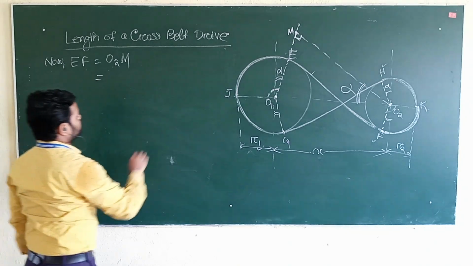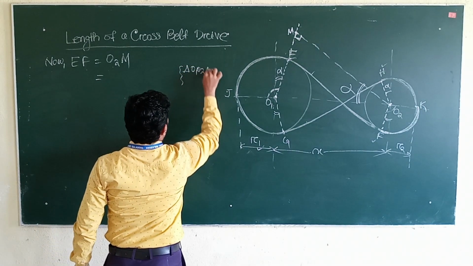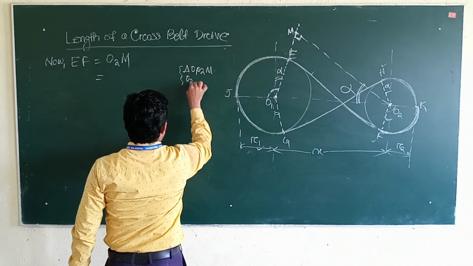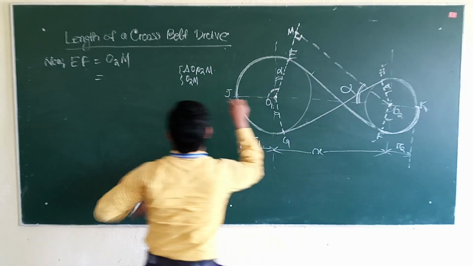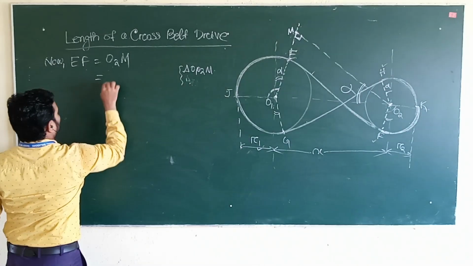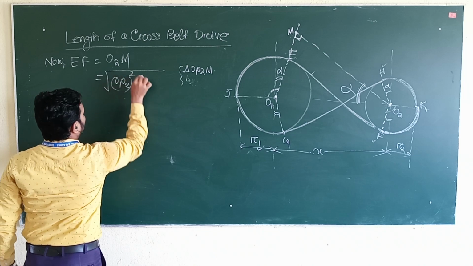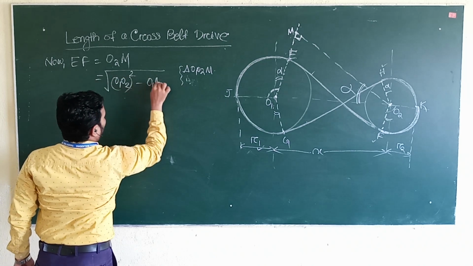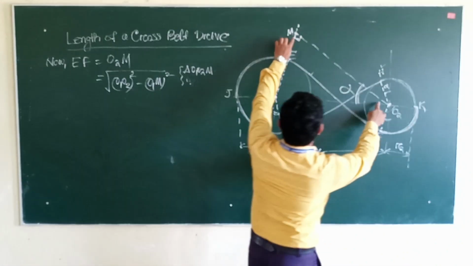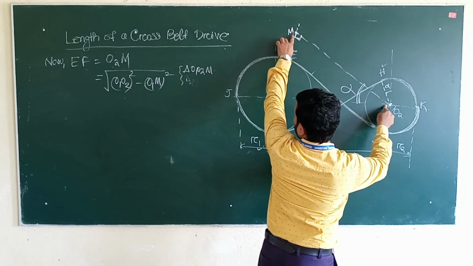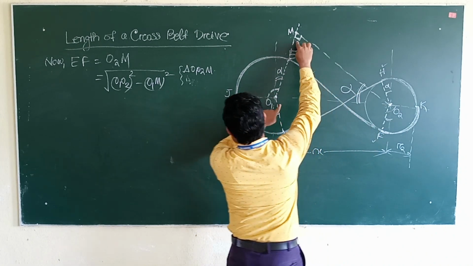From the triangle O1, O2 and M, what is the value of O2M? O2M is equal to the square root of O1O2 square minus O1M square.